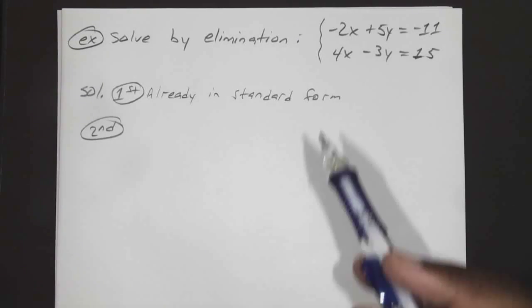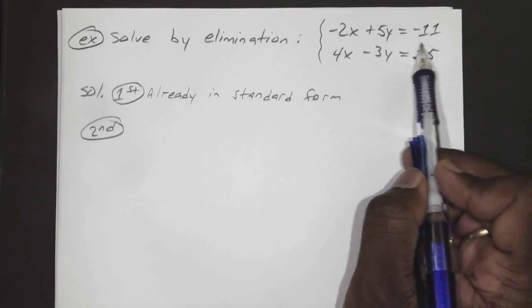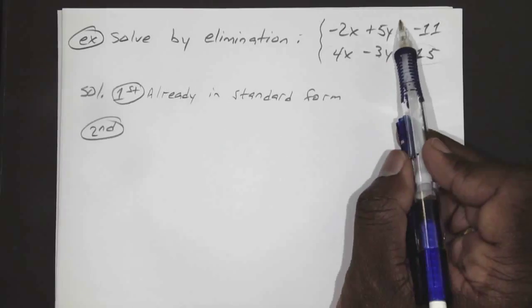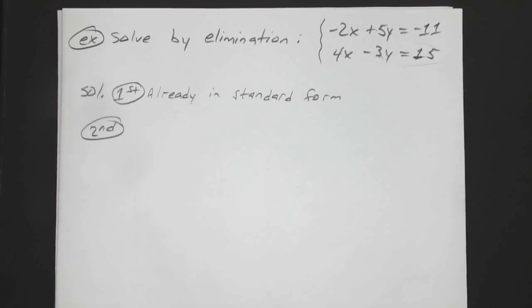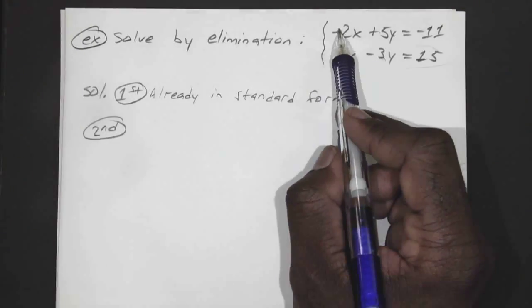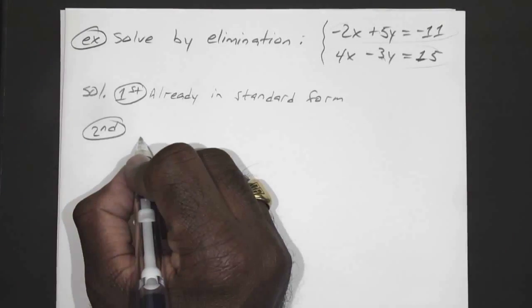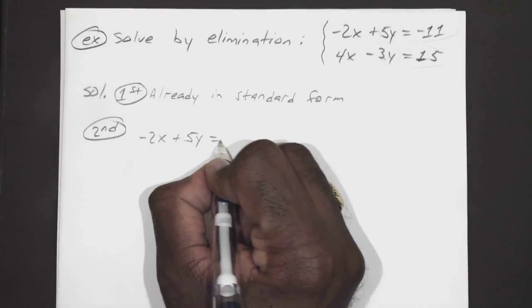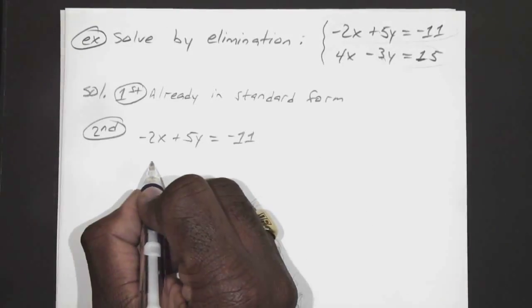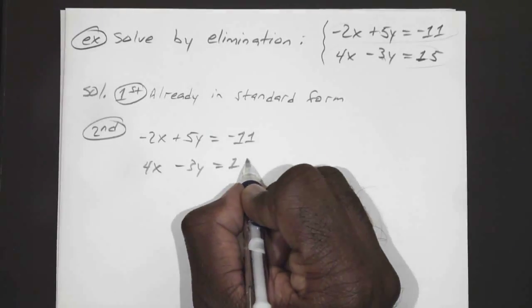So really here, you can multiply this whole equation by 5 and this whole equation by 3, and you'll get 15 and negative 15, but that's more work than you have to do. But if you multiply just this first one every term by 2, then the x's would disappear. So you have negative 2x plus 5y equals negative 11, and 4x minus 3y equals 15.